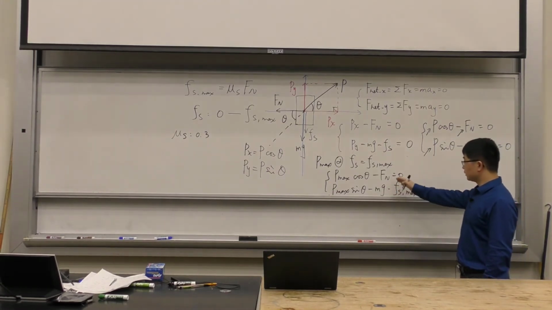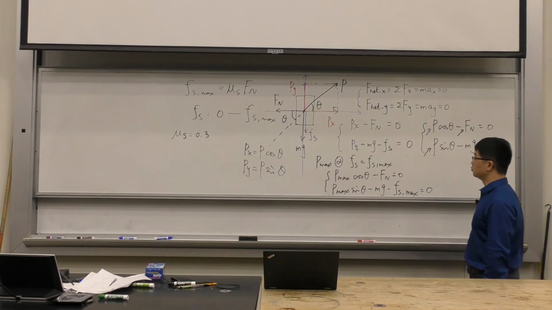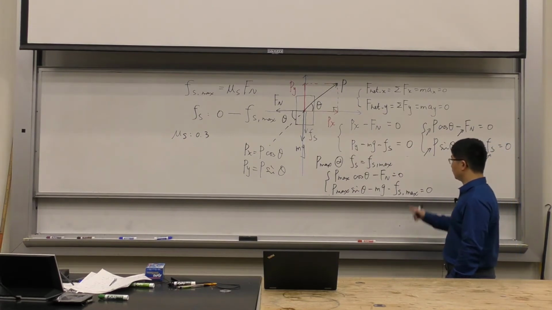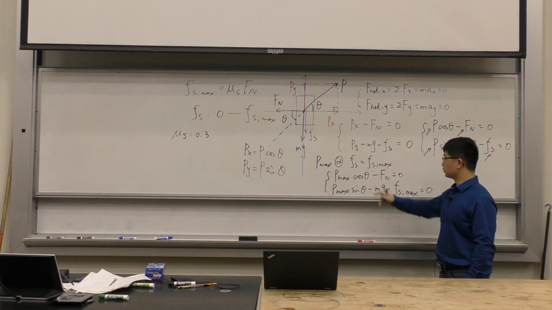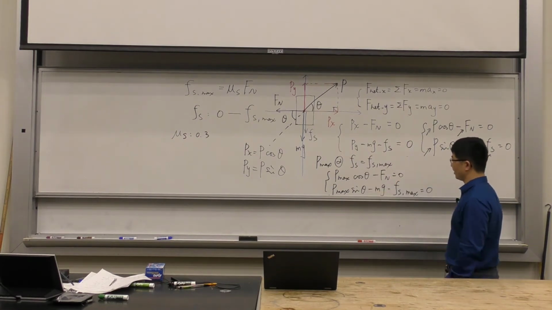So you see that now we can use these two equations to find this P max. How do we find the P max, right? The easiest way is going to be this. The first equation, you see that if I have the normal force and cosine theta, I can just go ahead and rearrange that to find the P max.